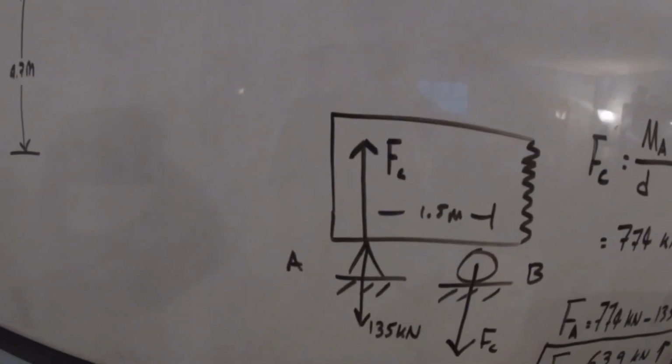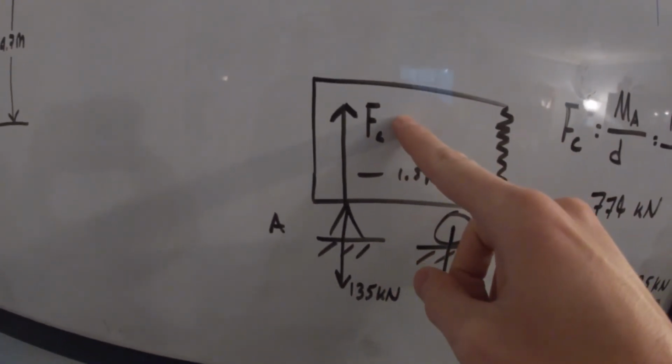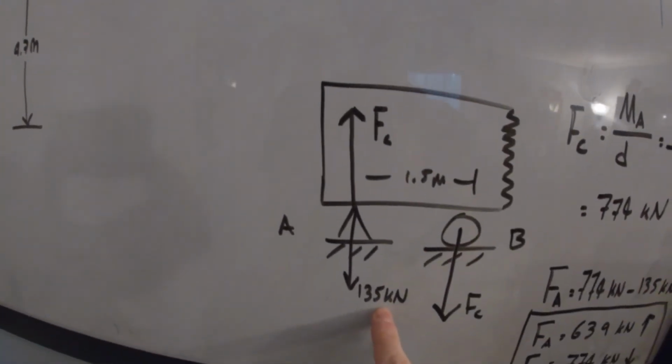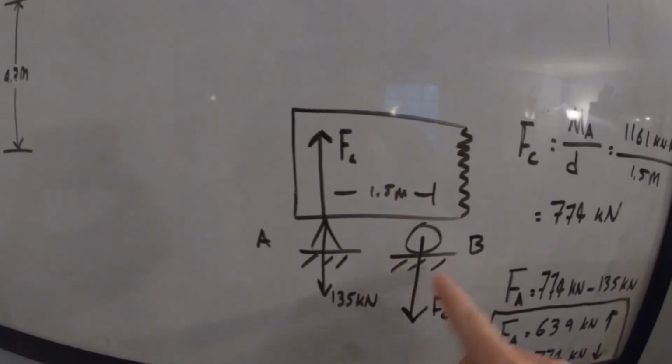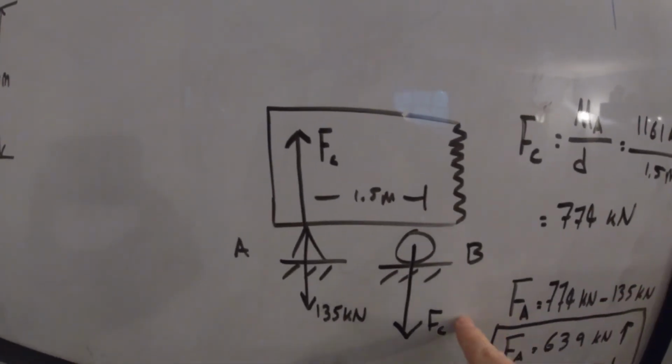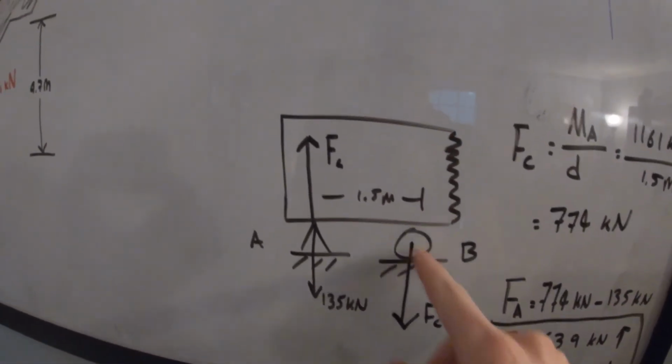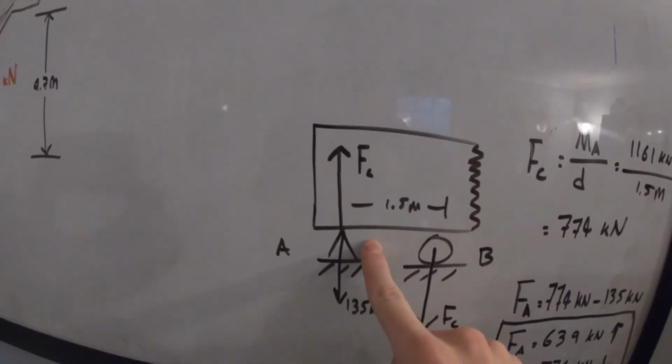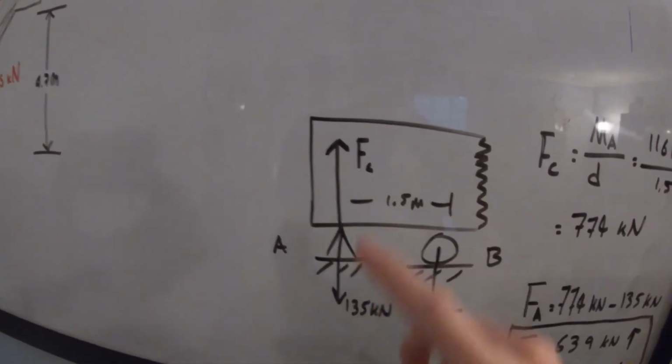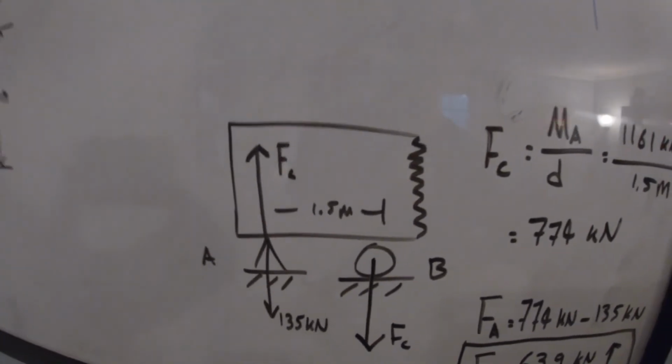The final step is just to sum this FC and the 135 kilonewtons applied at A. At B, we don't have to do any force summation because FC is the only force applied at B. But for A, we have to make sure that we combine these two forces because they're facing in opposite directions.